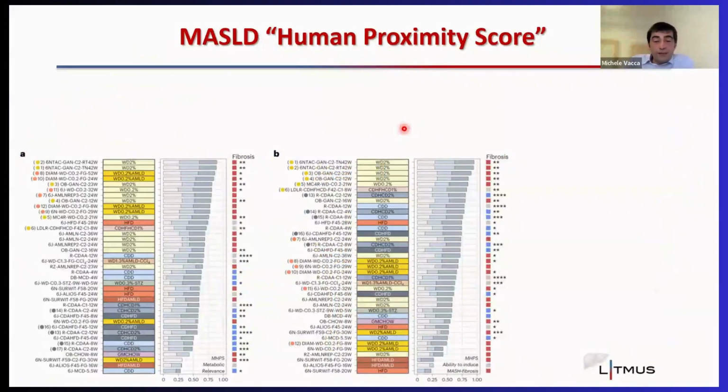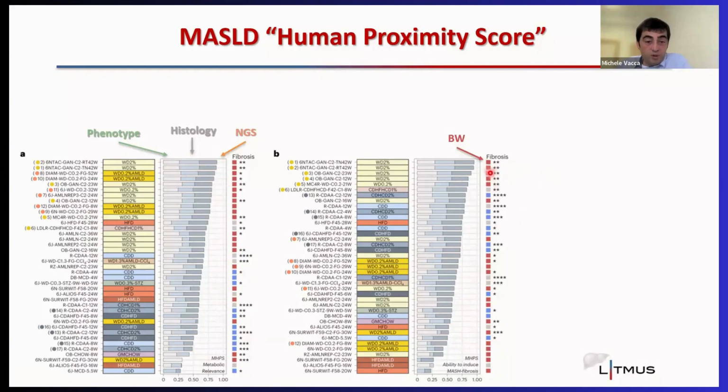So how do you combine the data from transcriptomics with the other layers? We generated this MASLD human proximity score, and to help you to navigate this complex slide, you will find phenotype, histology, and next-generation sequencing or arrays.